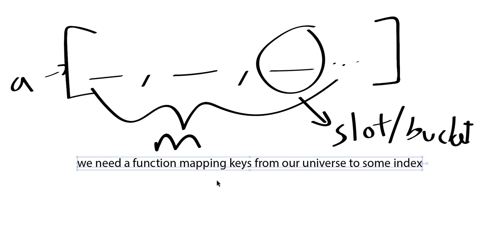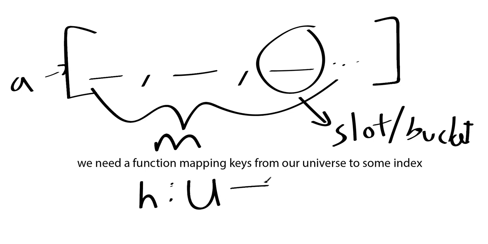So for those of you with a bit of background in math, we can sort of represent this as this function h mapping u to this set 0, 1, all the way to m minus 1.